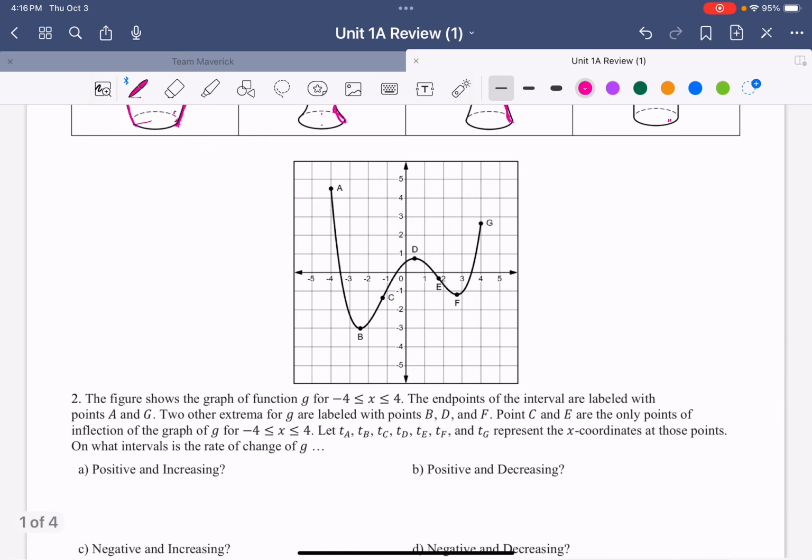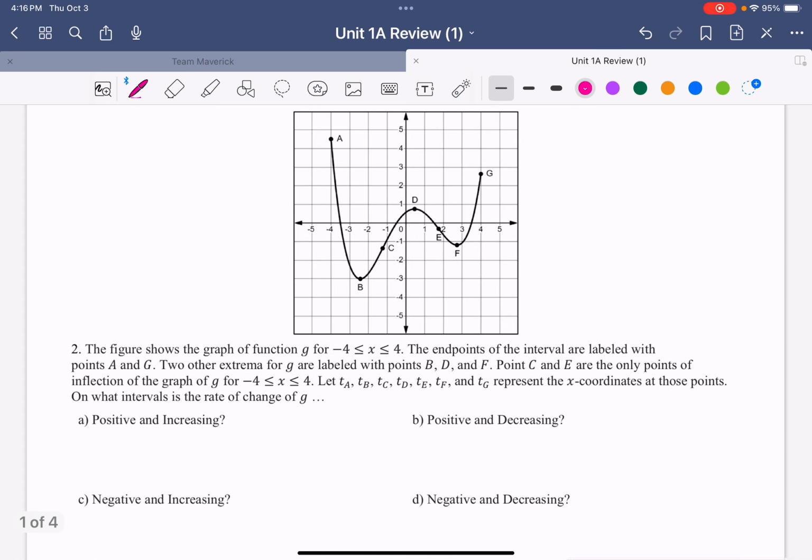All right. So here it says the figure shows the graph of function g for x between -4 and 4. The endpoints of the interval are labeled A and G. The 2 other extrema for g are labeled points B and D, or B, D, and F. Points C and E are the only points of inflection on the graph.